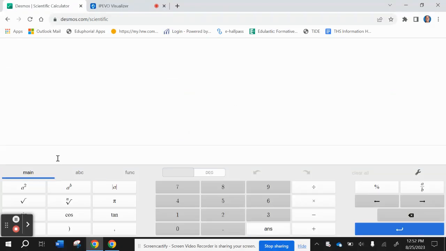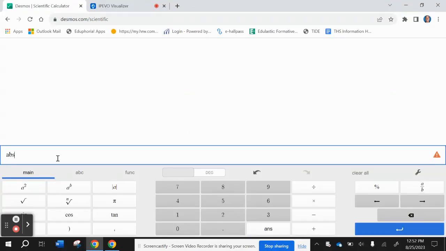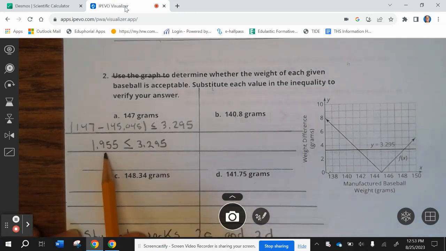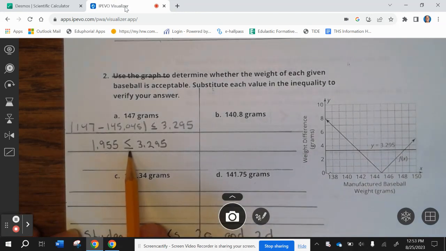Now to do absolute value, this way we're going to do ABS, parentheses, 147 minus 145.045, and that's 1.955. Okay, so 1.955 is less than or equal to this.